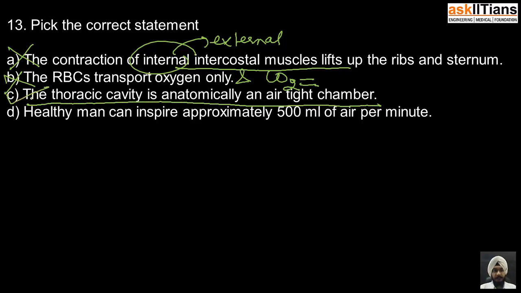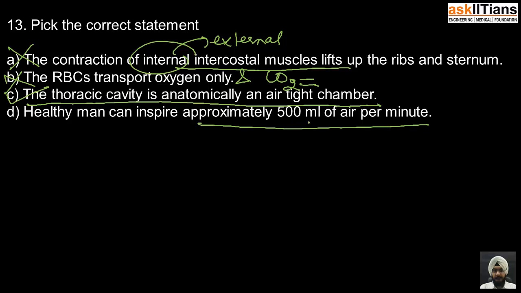Basically the chest cavity or thoracic cavity is an airtight chamber, so as to prevent the leakage of air as much as possible. And the last one says the healthy man can inspire approximately 500 ml of air per minute. This can be confusing.